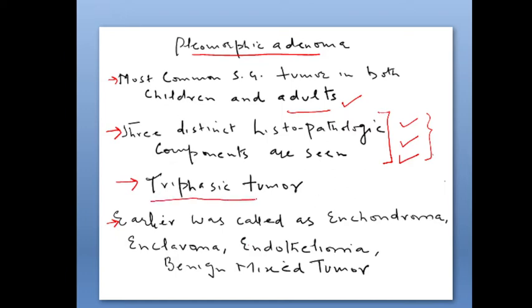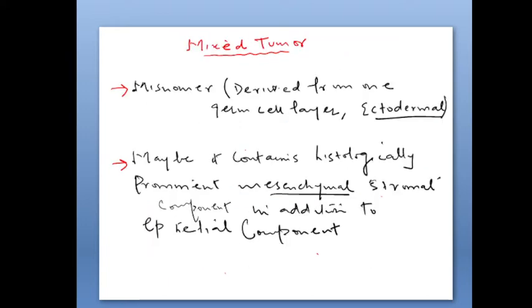Important thing here we have to remember is that it is also called a triphasic tumor because there are three histopathological phases. Now regarding the name also, many names were proposed for pleomorphic adenoma earlier. They were called enchondroma, enclavoma, endothelioma, and benign mixed tumor. But finally, pleomorphic adenoma was considered.